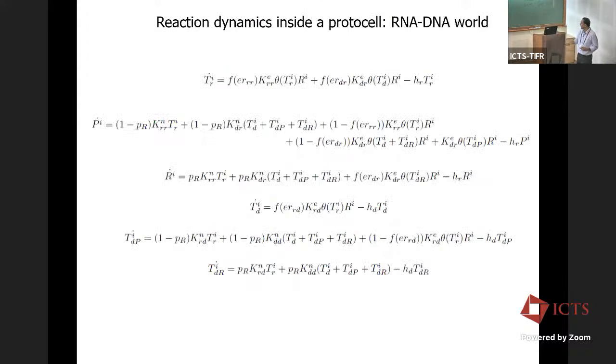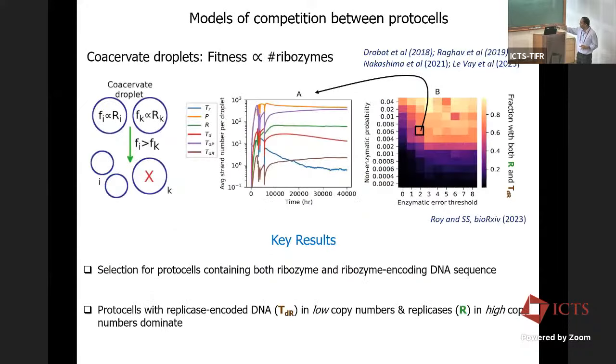And we could write down similar equations again based on the same spirit and introduce competitions between protocells where all these kinds of DNA sequences as well as RNA sequences are being produced, and found that the protocells which came to dominate the population and had the largest frequencies were the ones which contained both a ribozyme and the ribozyme encoding DNA sequence in it.